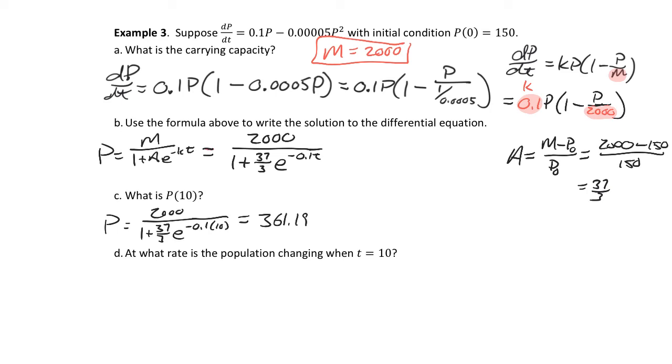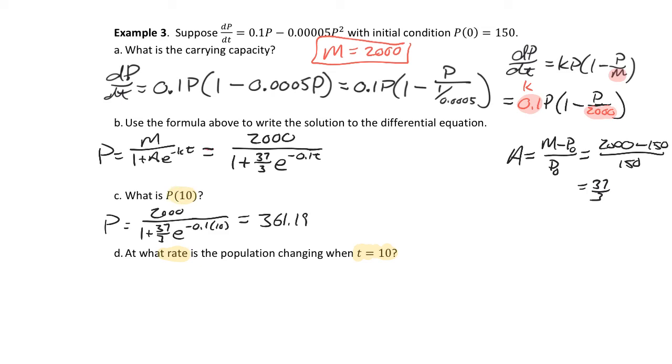Okay, so at what rate is the population changing when we're at time 10? Now, if you watch the exponential growth and decay video, there's something similar to this. We're talking about derivatives. Well, we just figured out what's happening at time 10.